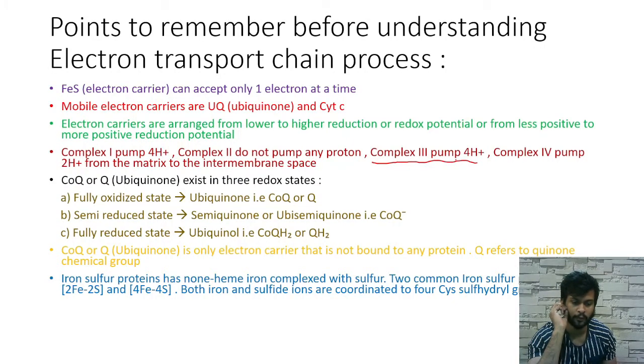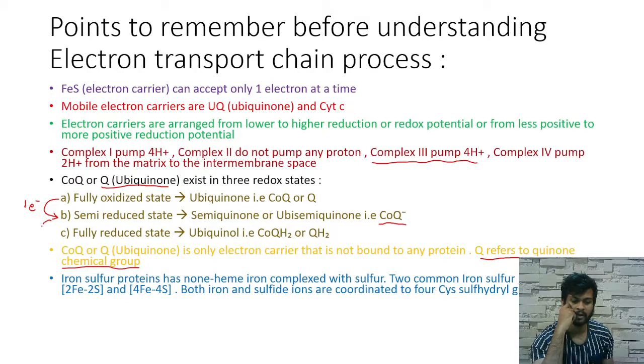Coenzyme Q or ubiquinone exists in 3 redox states. Why is it called Q? Because Q refers to the quinone chemical group. The fully oxidized state is known as ubiquinone or CoQ or Q. When it accepts one electron or one proton, it gets converted into the semi-reduced state, that is semiquinone.